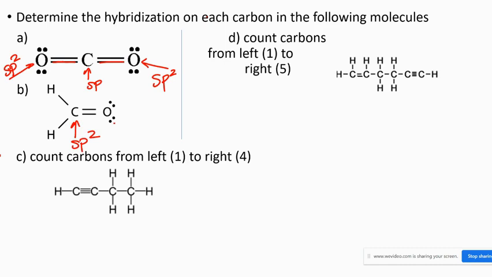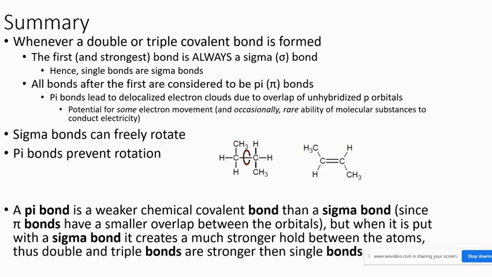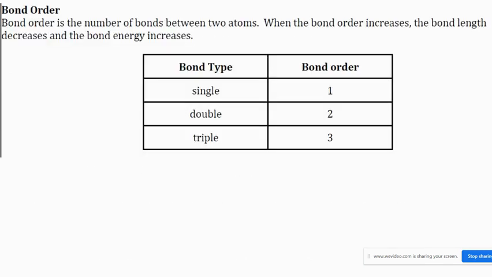This carbon here. sp2. sp2. sp3. Hydrogen can't hybridize. Doesn't have a p orbital. Trick question.